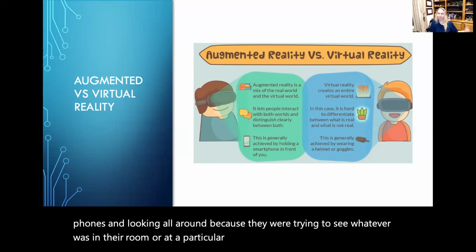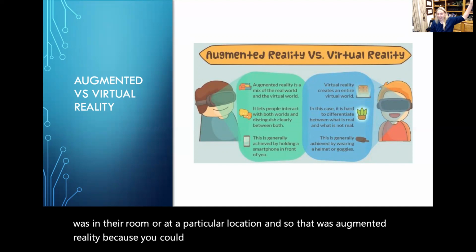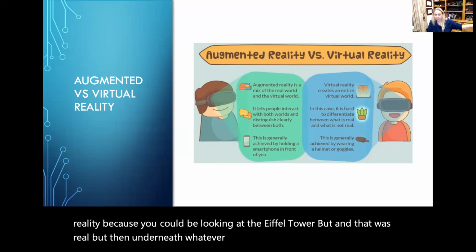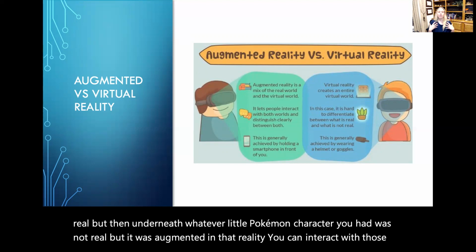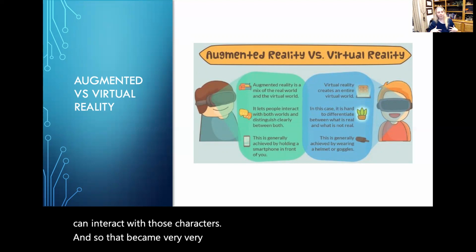That was augmented reality, because you could be looking at the Eiffel Tower, and that was real, but then underneath, whatever little Pokemon character you had was not real, but it was augmented in that reality. You can interact with those characters, and that became very, very popular in terms of augmented reality.